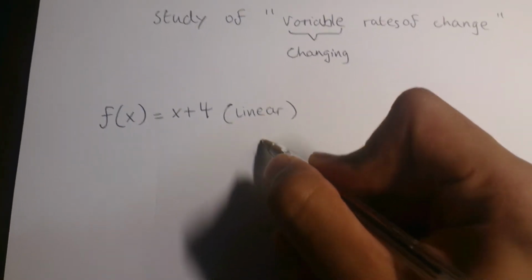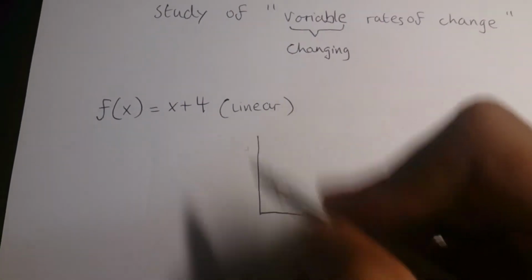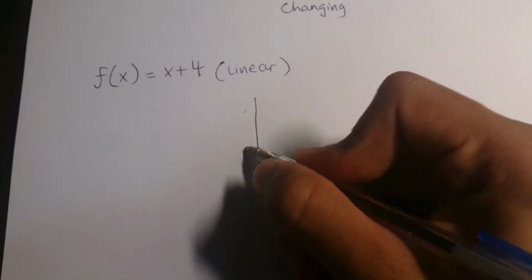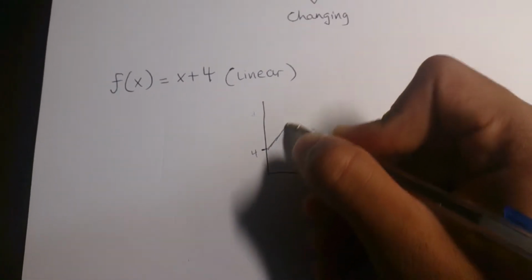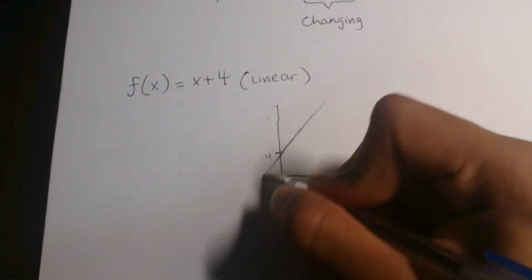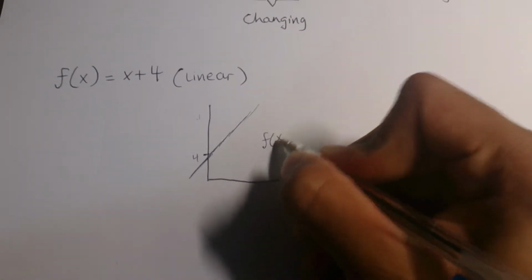If we take the graph of this function, just drawing a regular coordinate axis, we take some arbitrary points just to help us graph it. It would look something like this. So we can say this is f of x.